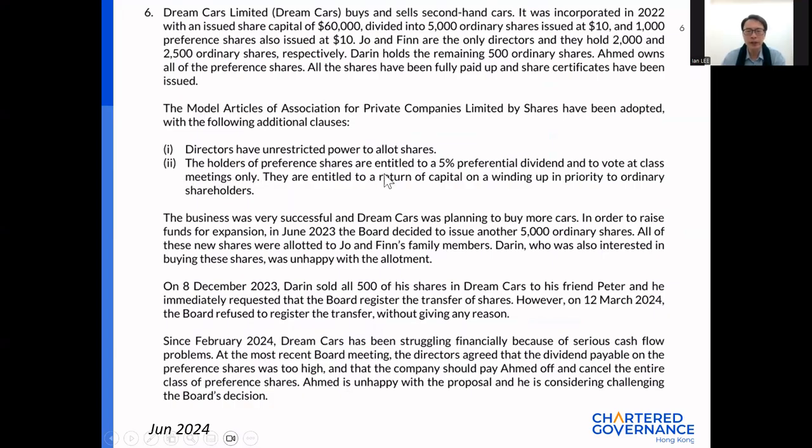The holders of preference shares are entitled to a 5% preferential dividend and to vote at class meetings only. They're entitled to a return of capital on a winding up in priority to ordinary shareholders. So at least you can see it is understood that return of capital would be envisaged at the beginning. Sooner or later that would happen. Of course, this is talking about winding up, but at least it's saying if it did happen on a winding up, you get priority over ordinary shareholders, meaning you will get the return of capital before the ordinary shareholders.